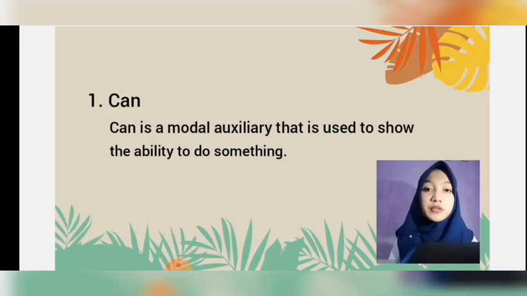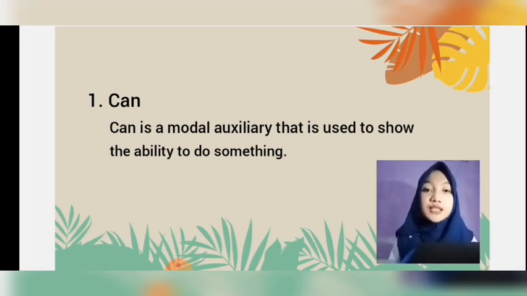Apart from showing ability, can also be used to offer oneself. Can has the function to declare ability, possibility, and permission. In the interrogative form, can is also used to ask about ability or ask for help.